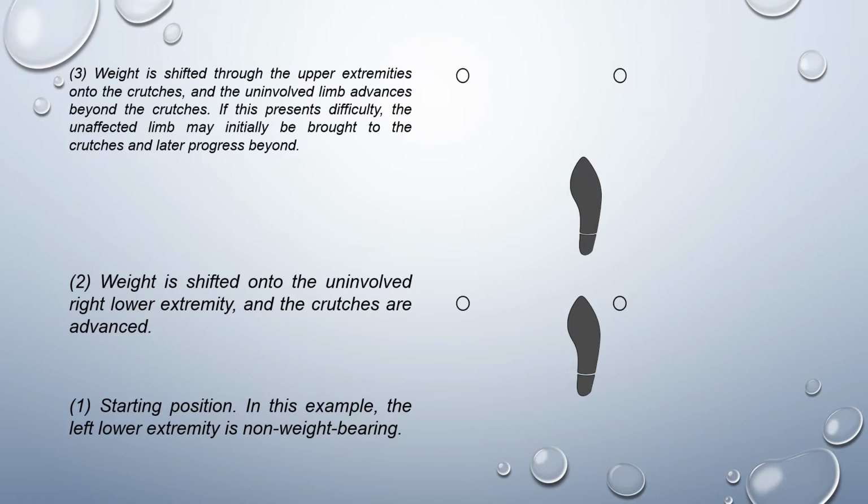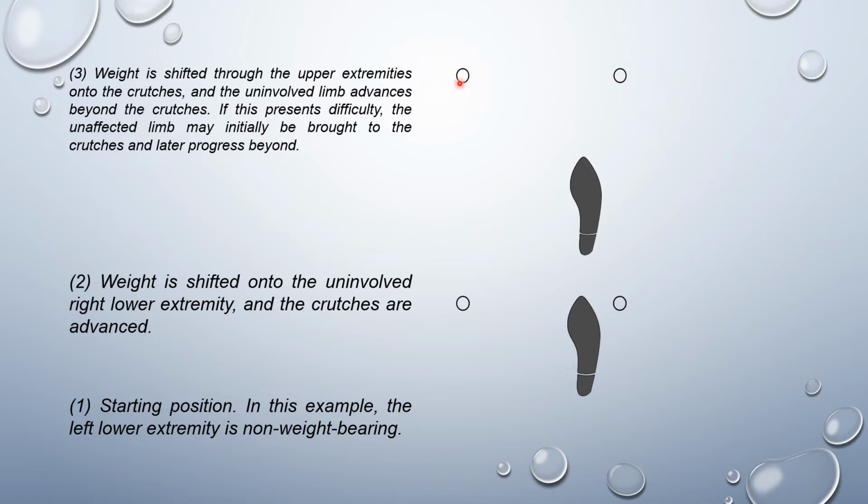So when you say three-point gait, there would be three points that touch the floor. So just like this one, you would notice this. Okay, I'm going to change the cursor. Okay, this one and this one. This represents the crutch.